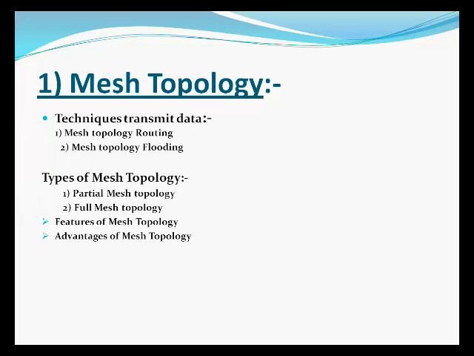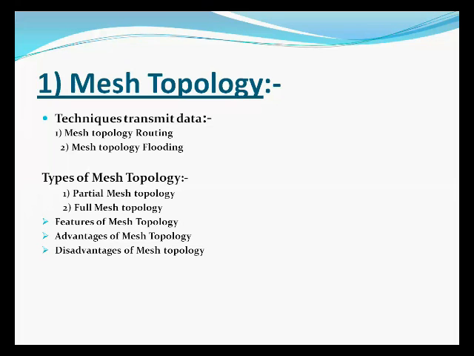Mesh topology is reliable and robust, and failure of one link doesn't affect other links and the communication between other devices on the network. Mesh topology is secure because there is a point-to-point link, thus unauthorized access is not possible. Fault detection is easy.